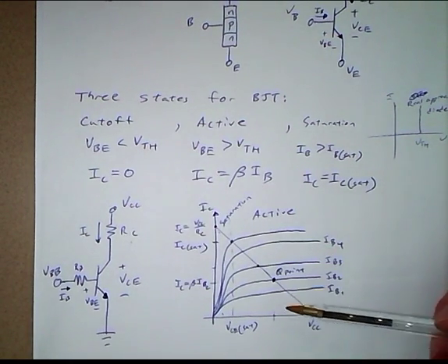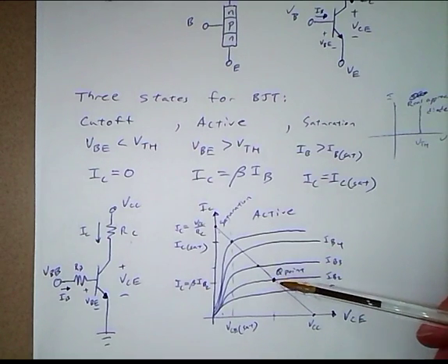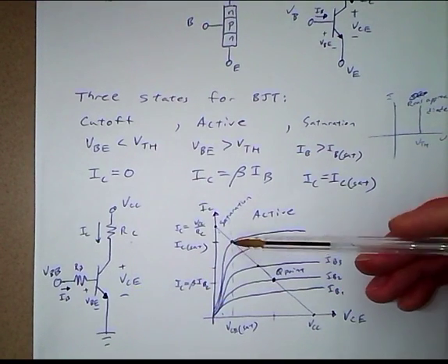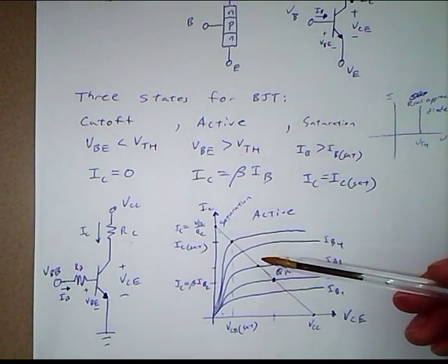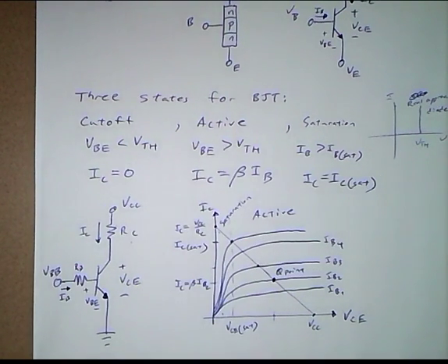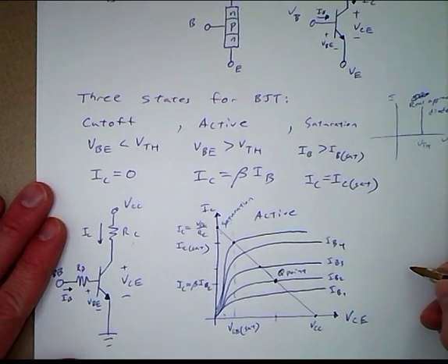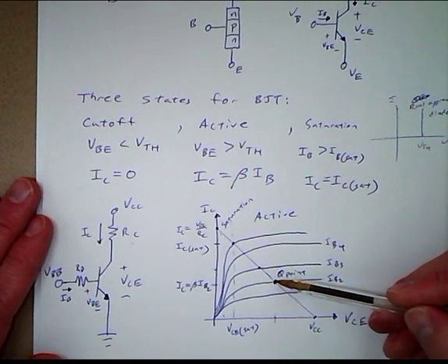Now, if you're using a transistor as an amplifier, you'd operate in the active state. And if you just want to use it as a switch, which is what we will mainly be doing, we want it to operate in the saturation state. So over here in the active region, we have an amplifier, and so a small current is driving a big current.